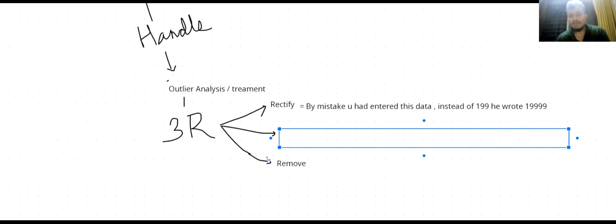In past months the sales were 2K, 1.5K, 3K, 4K, 2.8K. And suddenly, in the present month, the sales happen to be 299K.